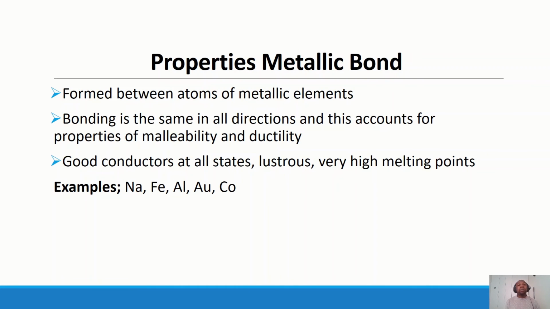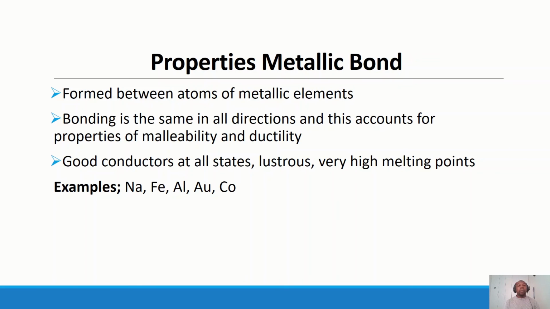They are formed between atoms of metallic elements. The bonding is the same in all directions, and this accounts for the property of malleability. They are good conductors at all states. They are lustrous, and they have a high melting point.